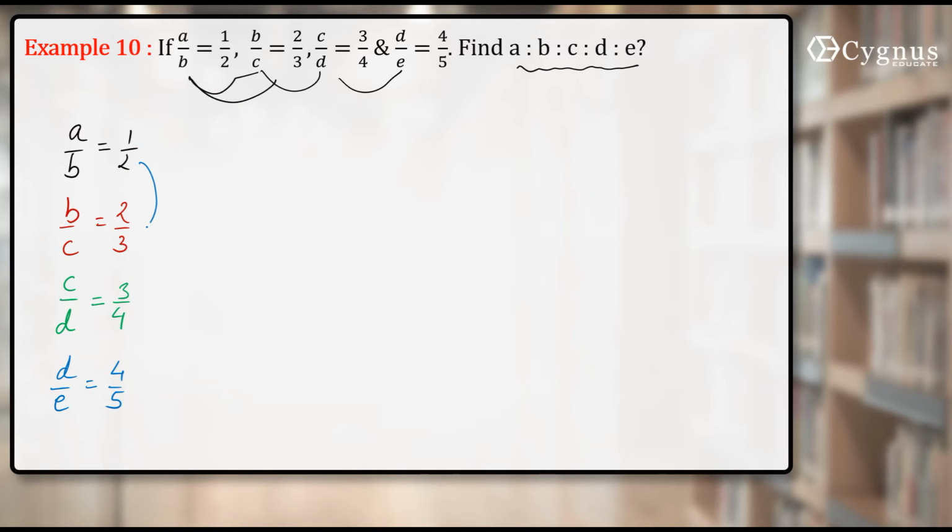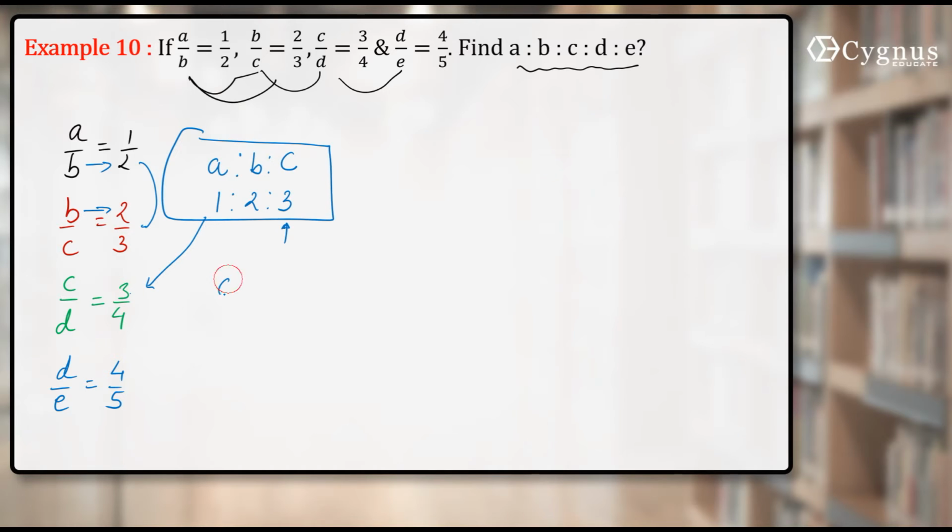Let's compare the first two. What's the value of B here? It's 2. What's the value of B here? It's 2. So directly I can say that A is to B is to C should be equal to 1 is to 2 is to 3. We have already done this in the previous question. Now this information should be compared with the third ratio. What's the value of C here? It's 3. Here it is also 3.